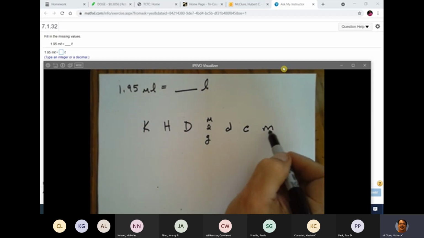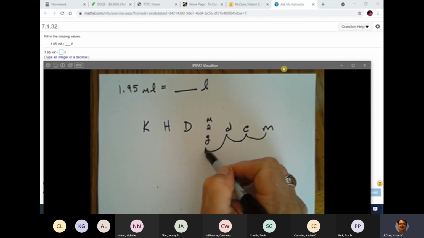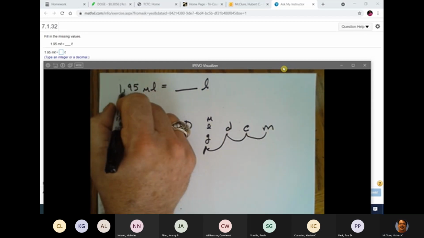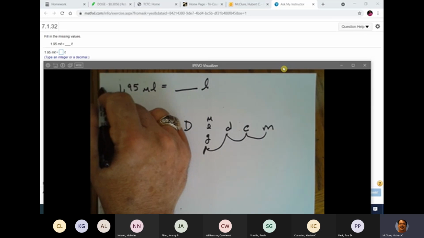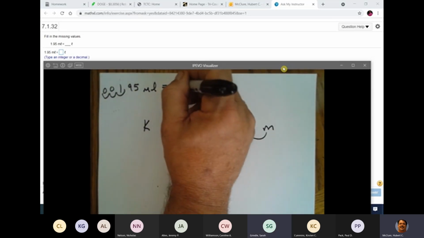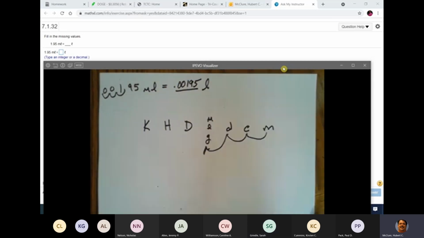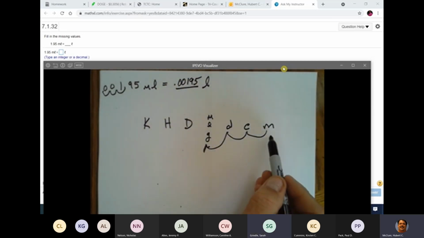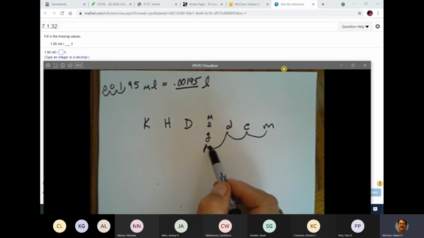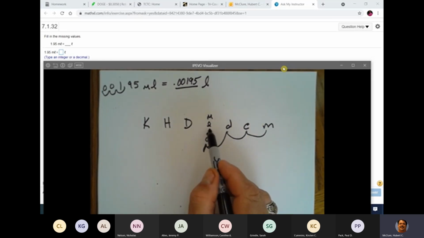We're at milliliters. We got to get to liters. 1, 2, 3. So your answer is 0.00195. Move the decimal 3 places to the left to get from milliliters to liters.